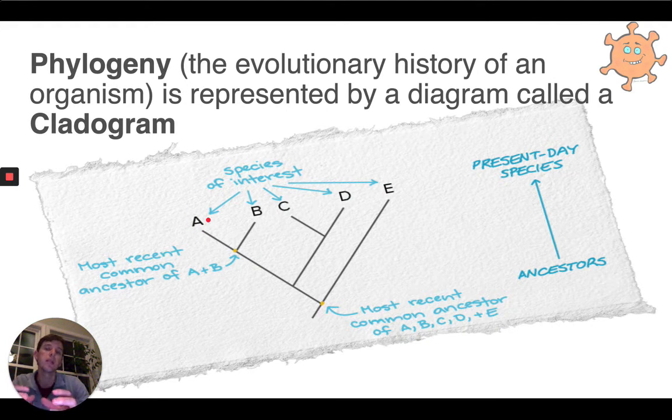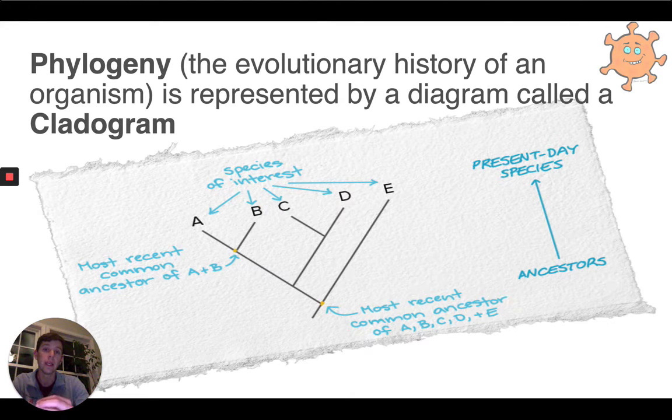Remember, a species is a group of organisms that can interbreed and produce fertile offspring. So when we say that this is species A, that doesn't necessarily mean that it is one organism, but it is a species. It could be a group of species. There could be 1,000 different organisms here. A could be zebra, for example, okay? B could be horses. So we're talking about vast numbers of organisms that could be there.